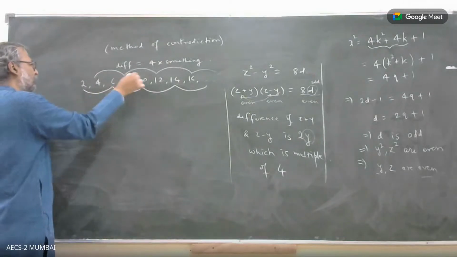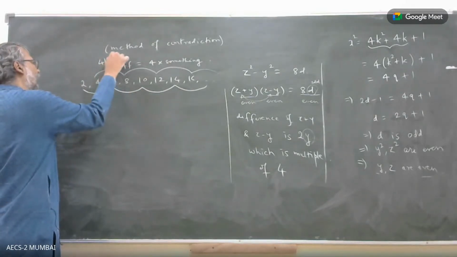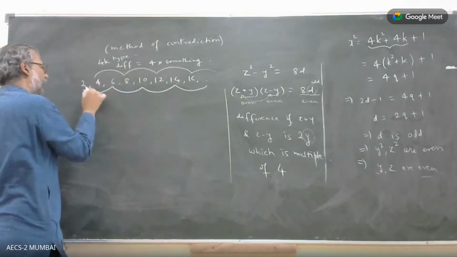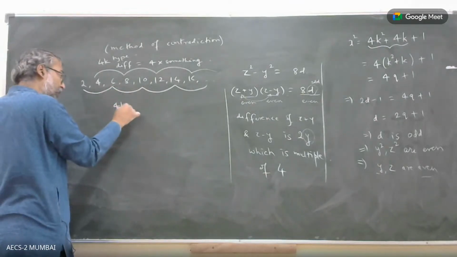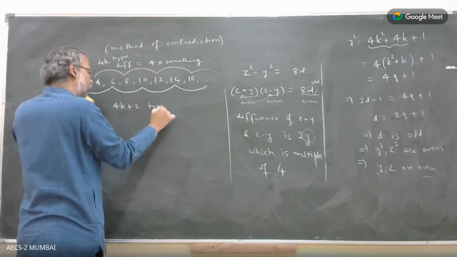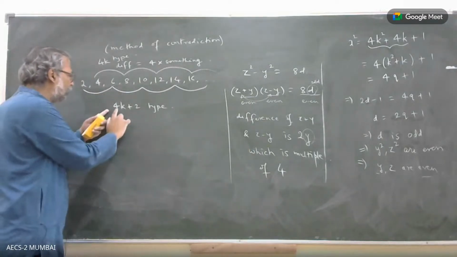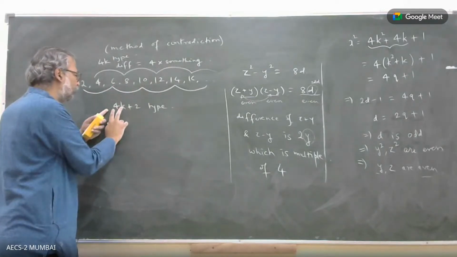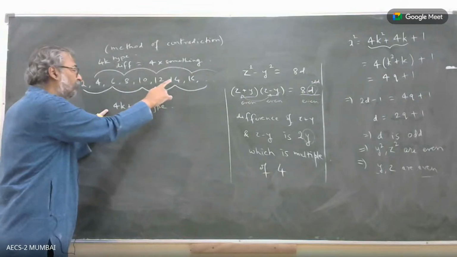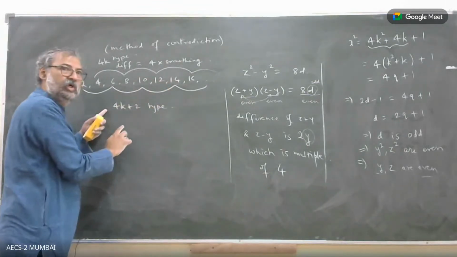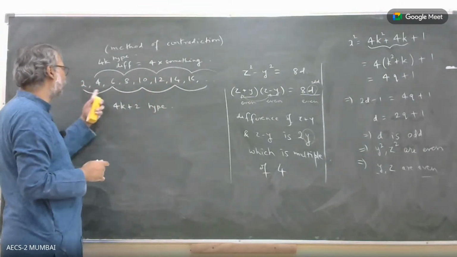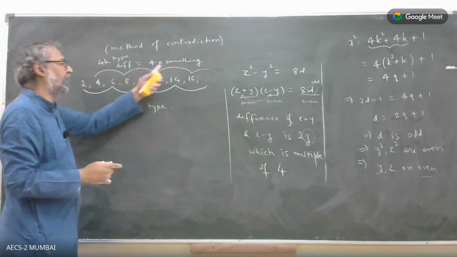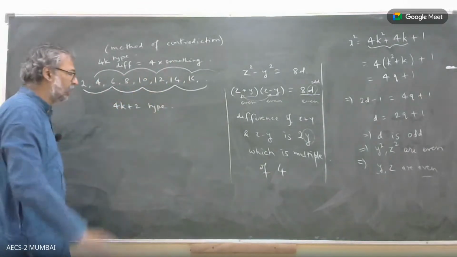So see that all these numbers are 4k type, and all these numbers are 4k plus 2 type, right? What is 6? 4 into 1 plus 2. What is 10? 4 into 2 plus 2. What is 14? 4 into 3 plus 2. And so on. So these are all 4k plus 2 types, and these are all 4k type, multiples of 4.